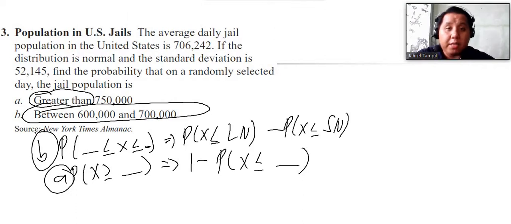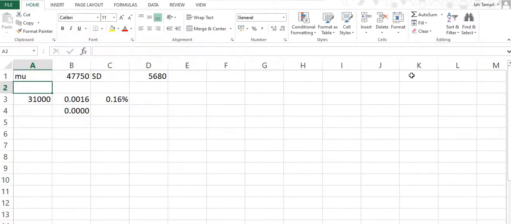So let's solve it in Excel. As you might have noticed, this is still the data from the last example, because since the formula is already here, we can just change the values. As long as we're not changing the cells, we can just change the values. So let me just delete this and delete that one.